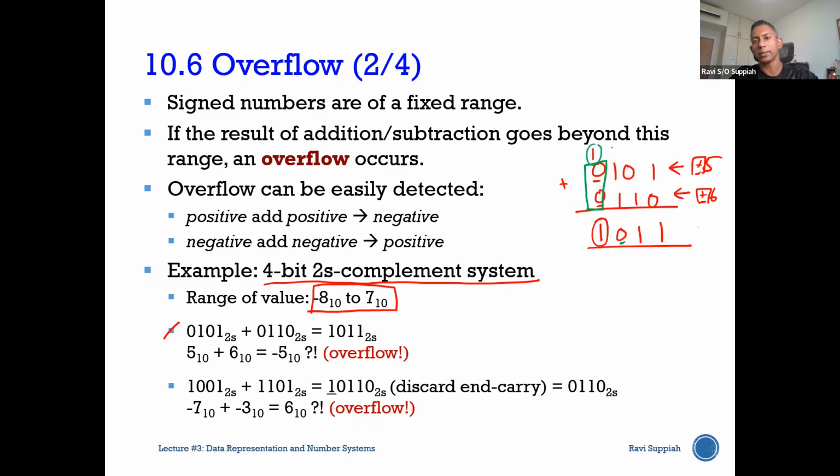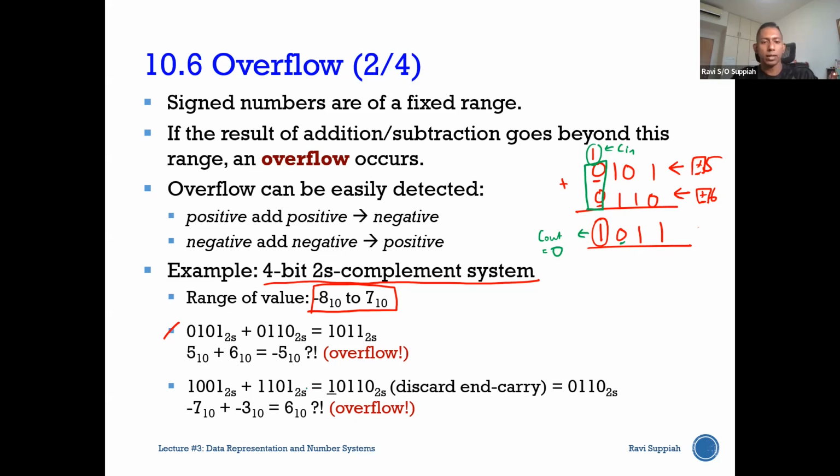So this was the carry in. But what is the carry out? 1 plus 0 is 1. Is there any carry out? No, there is no carry out, so the carry out is 0. So the carry in to the most significant bit is 1, but the carry out is 0. If the carry in and the carry out are different, then it is also a sign that overflow has occurred. So overflow only occurs when you are able to identify one of these two conditions.